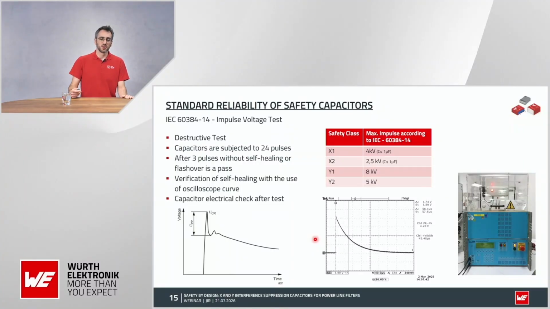Now, it's very important in this test that the capacitor is still functioning for its intended use as a capacitor. So we are measuring the capacitor before and after the test, and we have to check that the electrical properties are still within the tolerance.